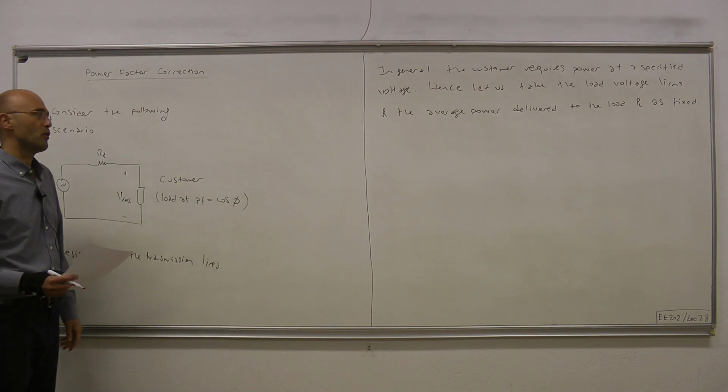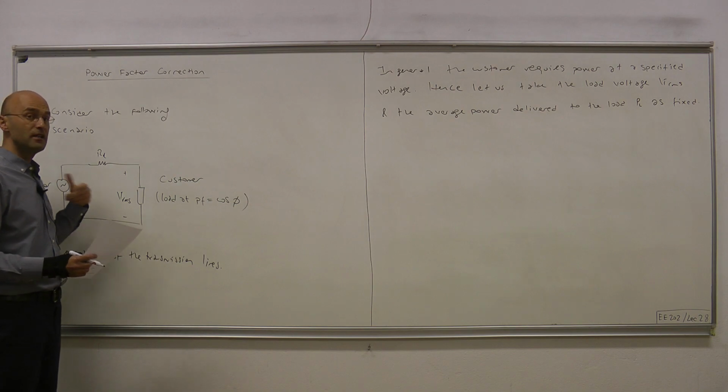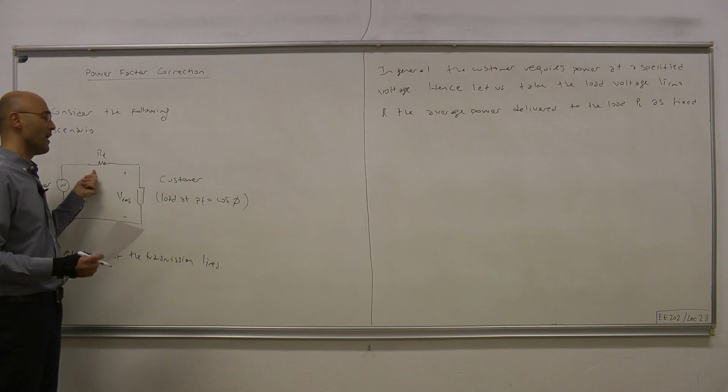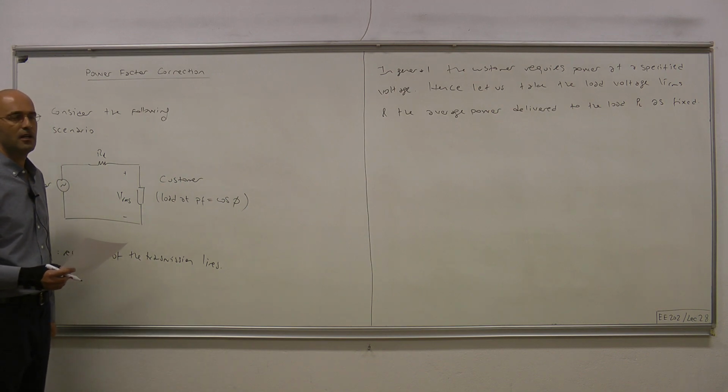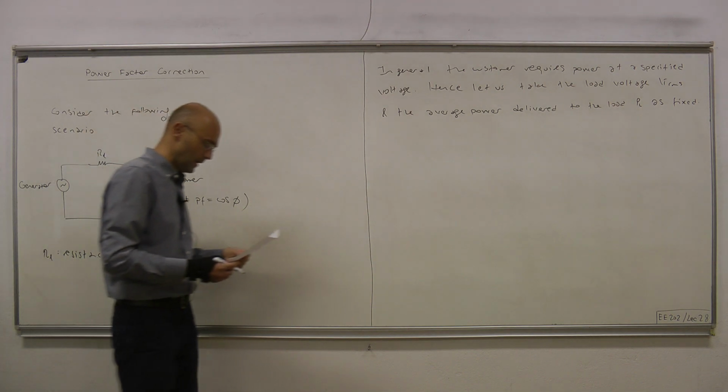So even though they're very good conductors, in a realistic model they have to have some non-zero impedance. That's why we have this RL here instead of just a straight line.